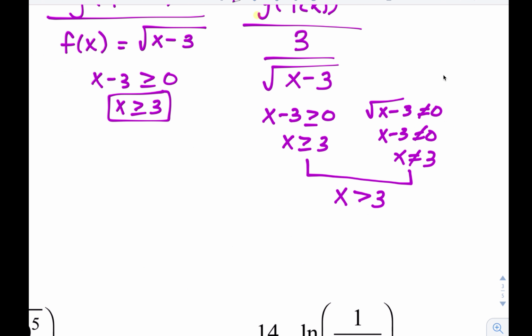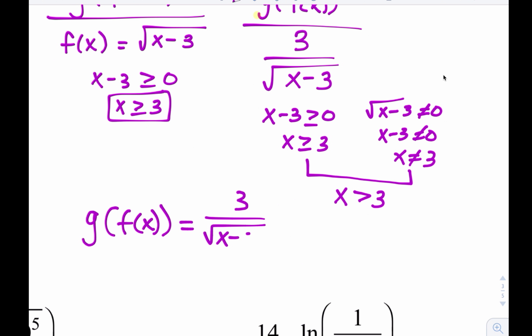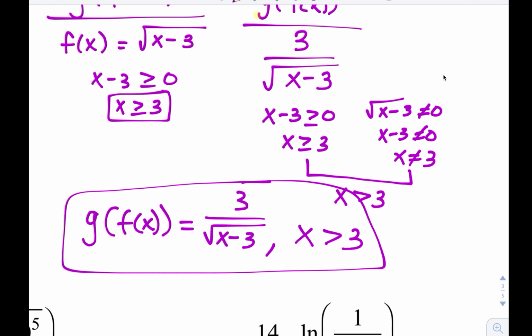All right, so my final answer is going to be 3 over the square root of x minus 3, and then x has to be greater than 3. Right, or you can also do the domain would be 3 to infinity. Either way is okay with me.